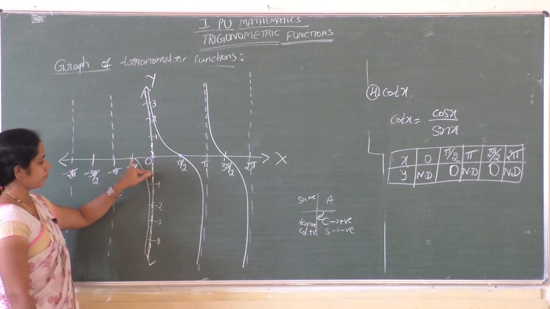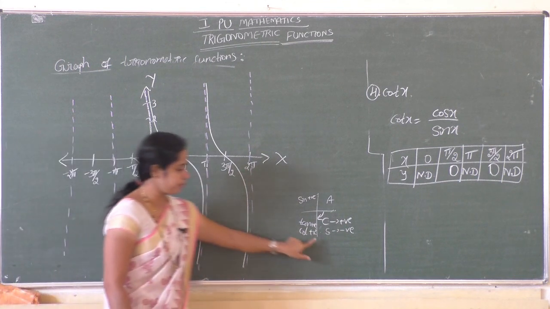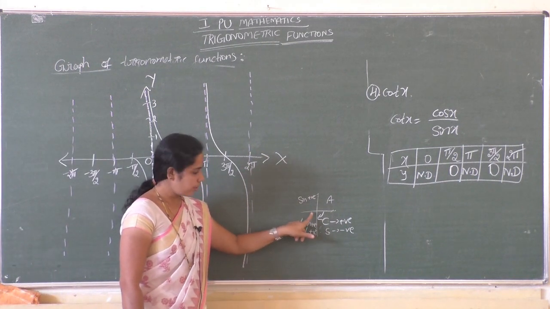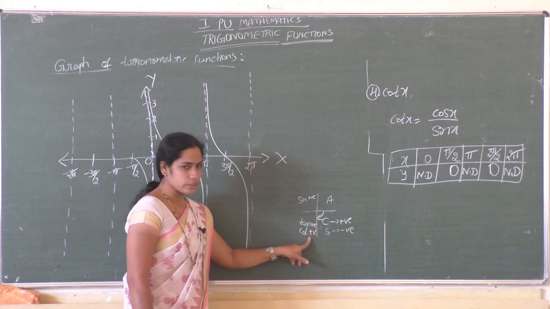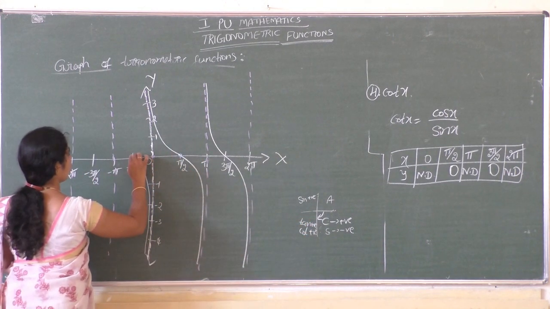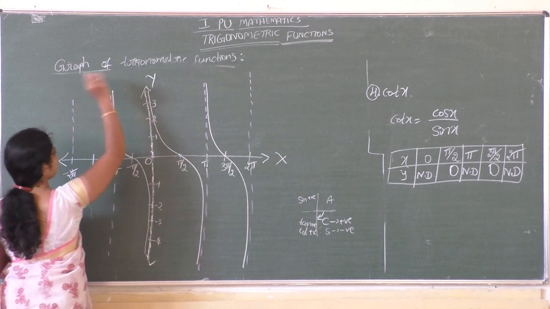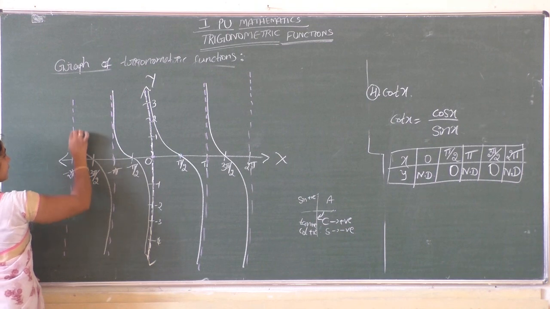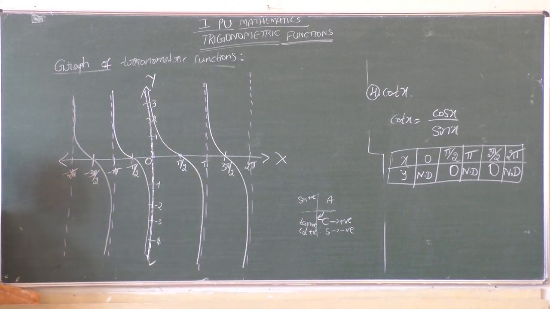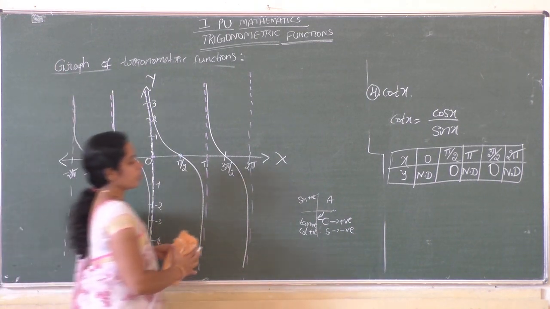Then the third quadrant, where tan is positive, so cot is positive, so it repeats like this. The same way it repeats here also. This is the graph of cot x.